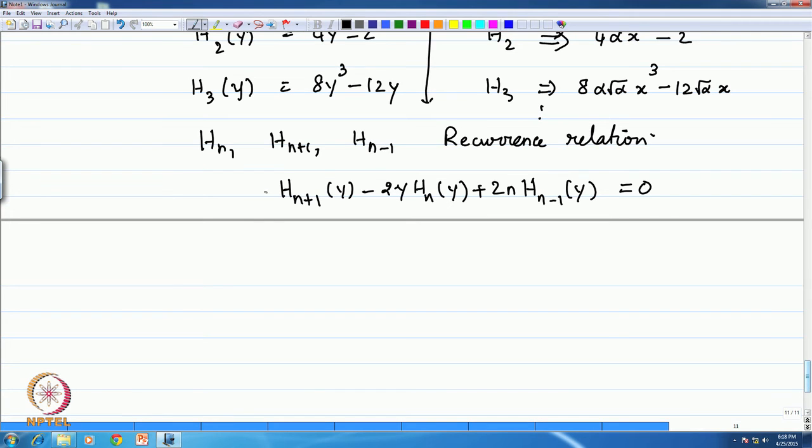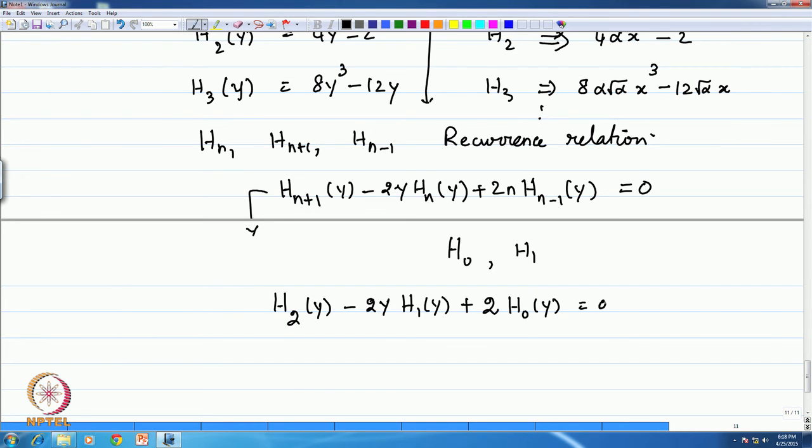What this tells you is that to obtain the Hermite polynomials for larger values of n, you use the ones for smaller values. For example, if you know H0 and H1, then you can calculate H2 of y minus 2y H1 of y plus 2, since n is 1, this is 2 H0 of y, that is equal to 0.